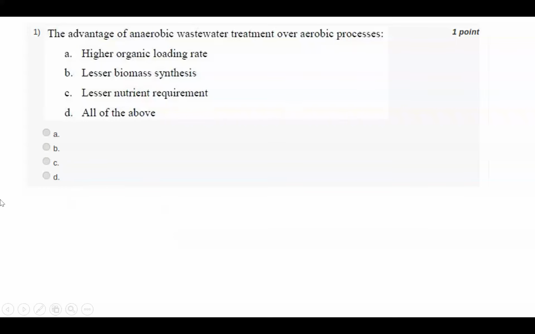Now we go for the question. The advantage of anaerobic wastewater treatment over aerobic process. Four options are given: higher organic loading rate, lesser biomass synthesis, lesser nutrient requirement, D, all of the above. What will be the answer?